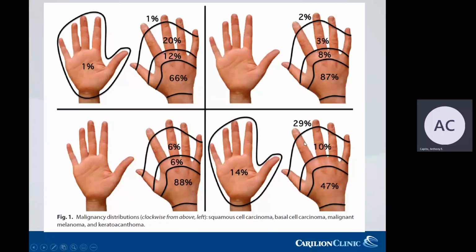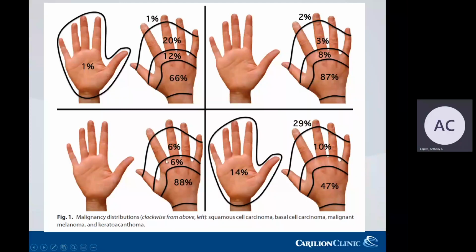If we turn to the most aggressive type, malignant melanoma, 14% are on the palmar surface, and then you get the subungual. So if you get a nail type of aggressive tumor and that's pigmented, you have to think of malignant melanoma, and then 47% on the back of the hand.